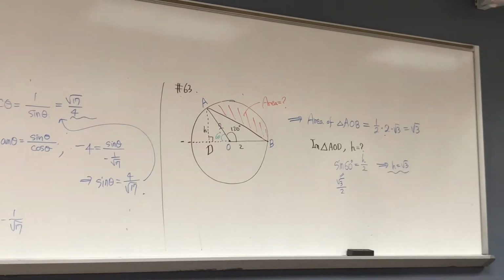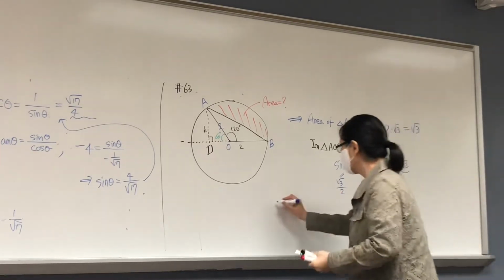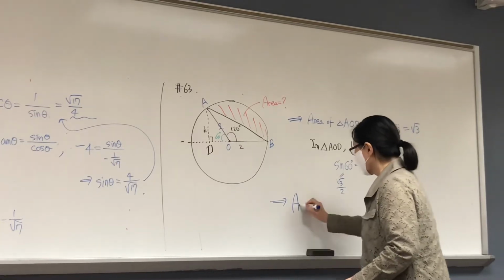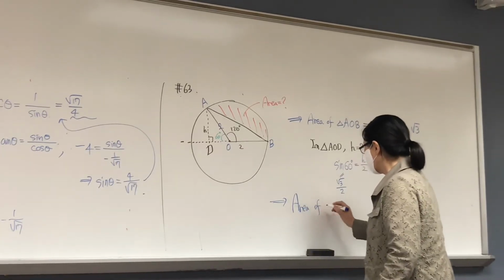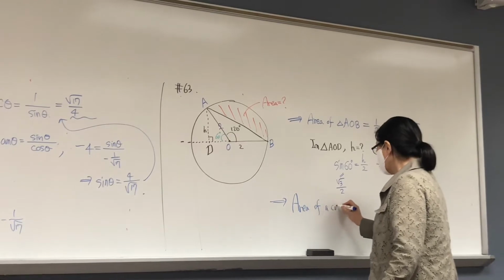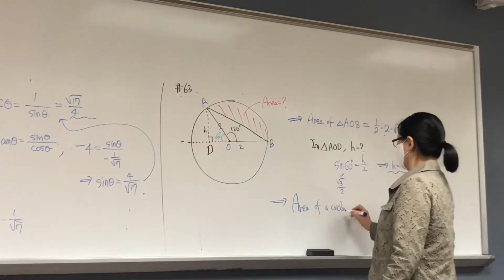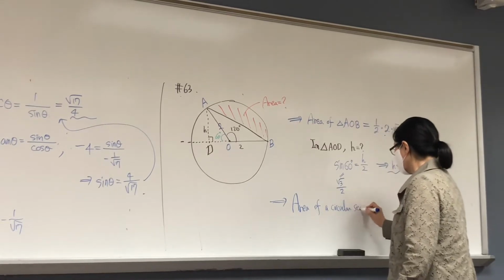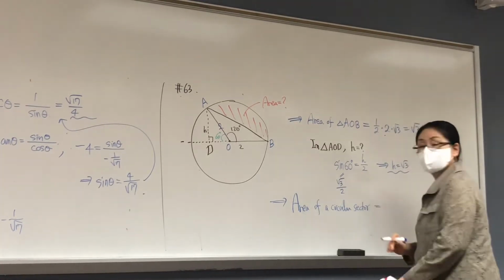Now, what do you want to do? Now we have to do the sector, right? Yeah, area of a circular sector. Very good. Next job. What's the formula?